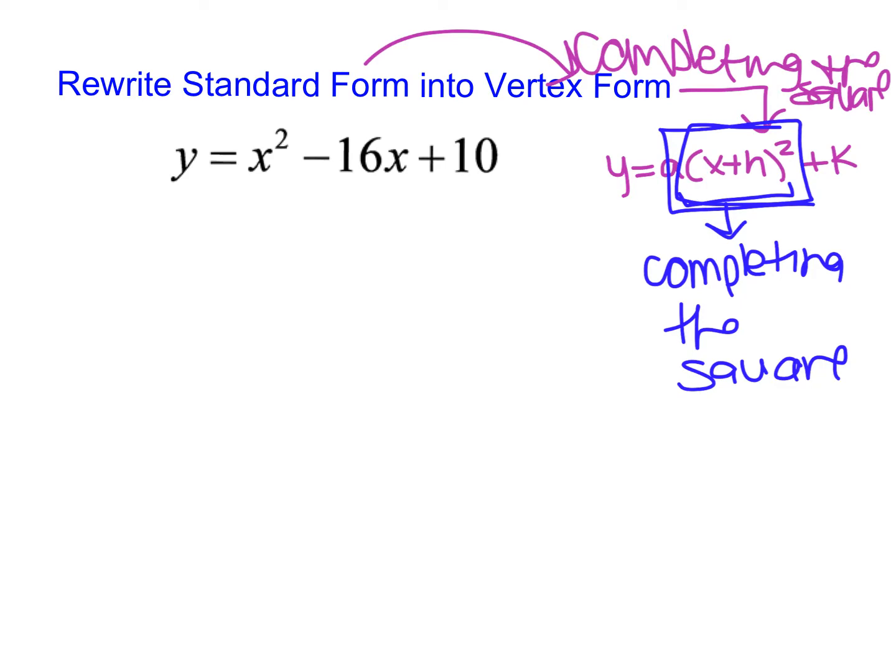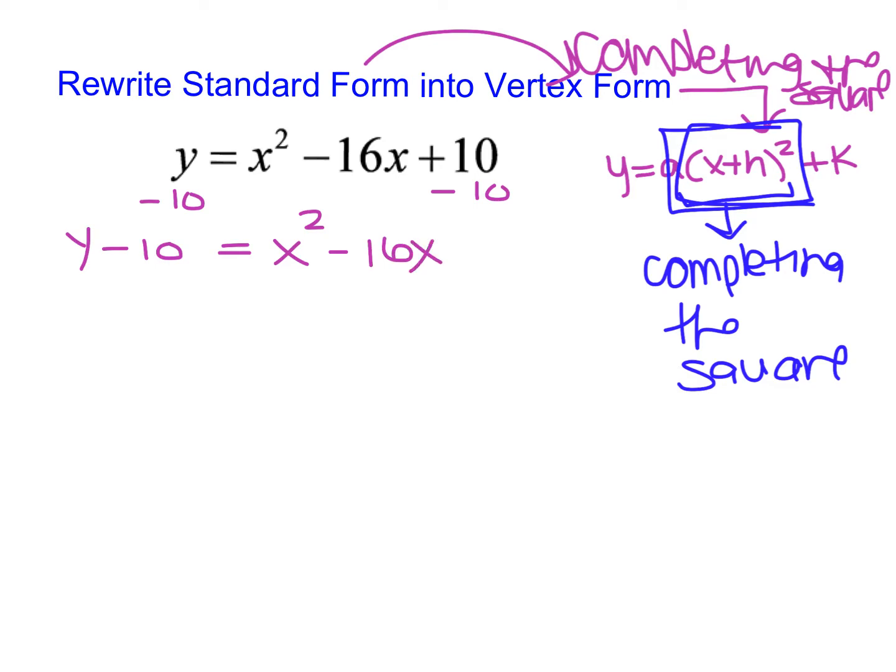Now, when we use the completing the square strategy to solve for x, we always got the items that contained x alone on one side of the equation. So we're going to do that here just to make things a little bit easier for us. So I'm going to subtract the 10 over and subtract the 10 over. So here I have y minus 10 is equal to x squared minus 16x.